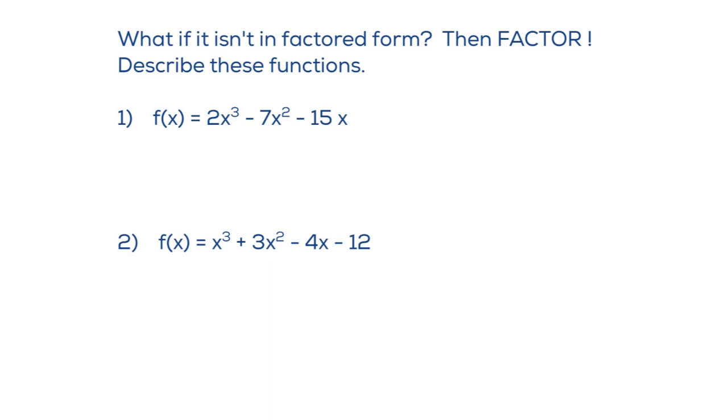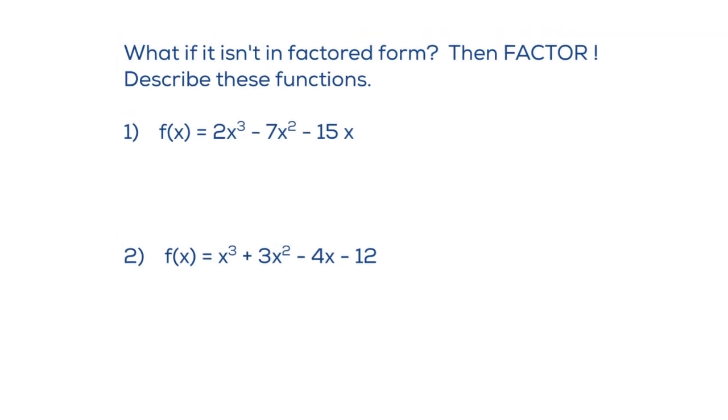So first thing you want to do, looks like on this first one, we want to pull out an x. Okay, then you're going to factor the trinomial that is left. 2x and x, probably going to be a 5 and a 3.